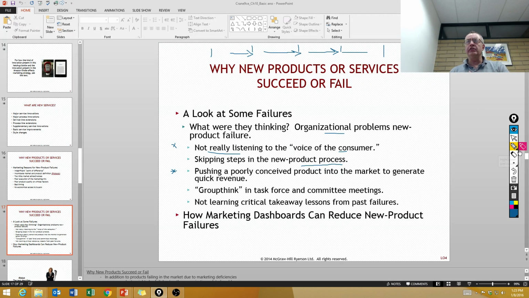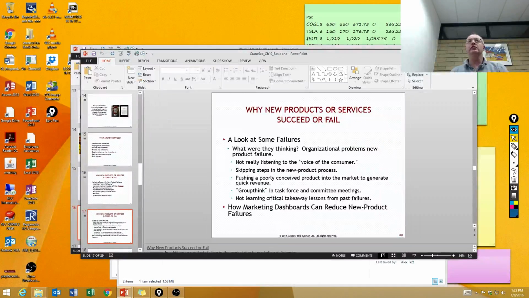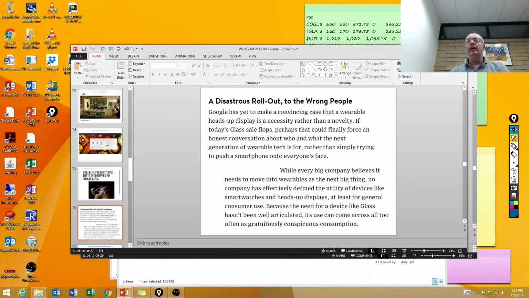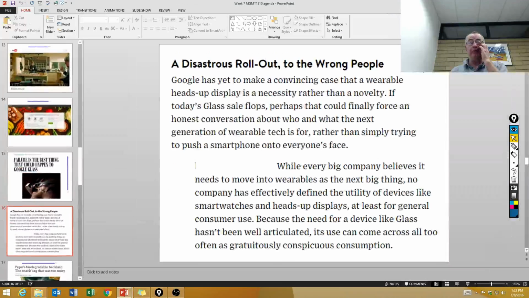A few years ago, Pepsi, although it's a soft drink company, also has a very large salty snack division. Frito-Lay's is a Pepsi subsidiary. And a few years ago, Pepsi bought a company called Sun Chips.